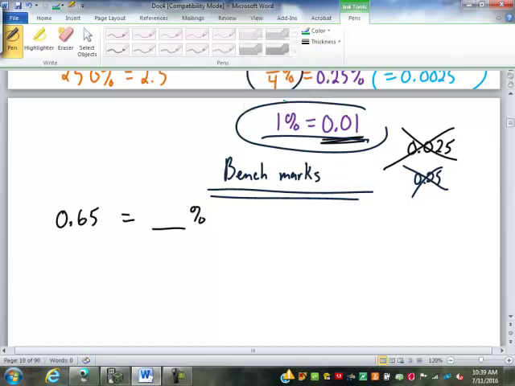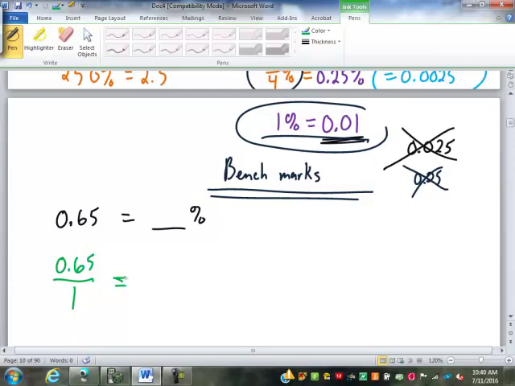Now the justification here is 0.65 is not a fraction. Well, it is a shortcut for a fraction. If we looked at when we were doing our converting earlier to the nearest 8th or 16th or whatever, we made it a fraction by simply putting it over 1. So it's 0.65 over 1.